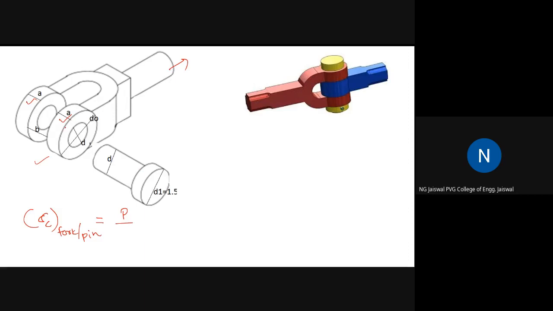If you see from this end, what you see is a rectangle of length equal to 2A, because that is in contact. 2 times A becomes length into B becomes diameter. This will be our area under projection. This becomes my crushing equation.